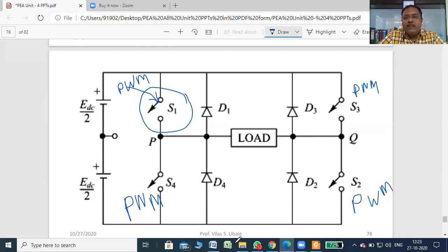So the only difference is the control circuitry, the triggering circuit is different. Otherwise, the inverter circuit is the same.